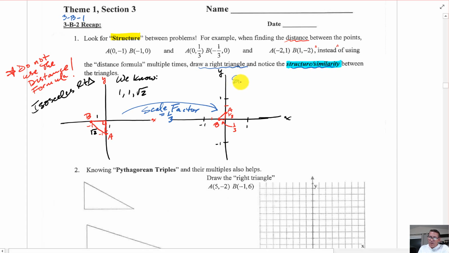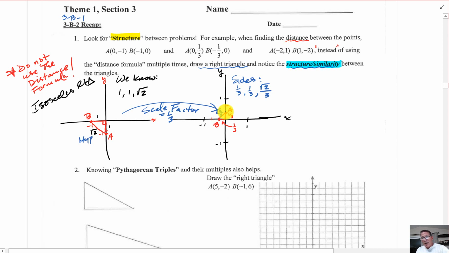So the sides on this one here, instead of 1, 1, root 2, it would be 1/3, comma 1/3, comma what? Well, it's going to be 1/3 of the previous one. So again, the hypotenuse on the previous triangle was root 2. So the hypotenuse here would be root 2 divided by 3. It would be 1/3 of it. All right, you can prove that too, by the way.